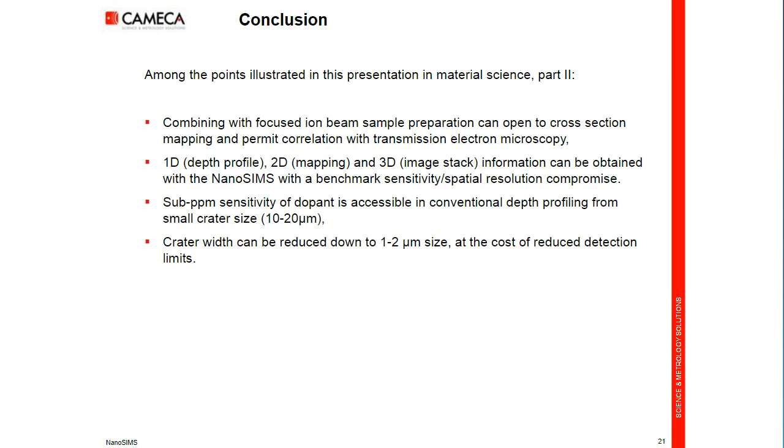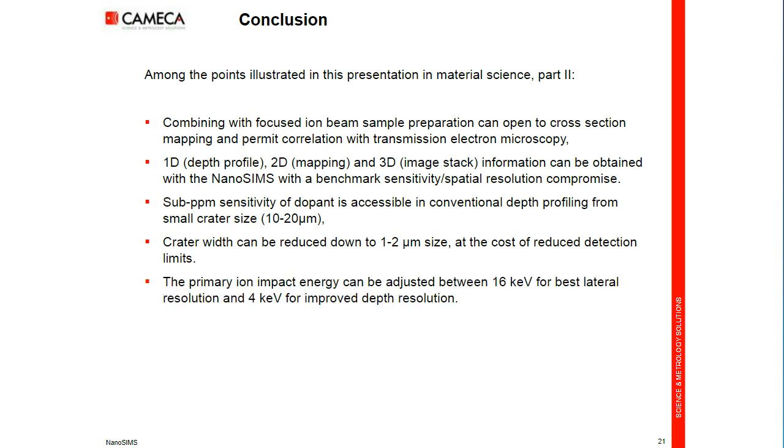We can adjust the impact energy between 16 and 4 keV if you want to push the depth resolution, but there will always be a compromise. Higher energy will give you better lateral resolution, down to 50 nanometer. And lower energy will improve the depth resolution by reducing the atomic mixing.